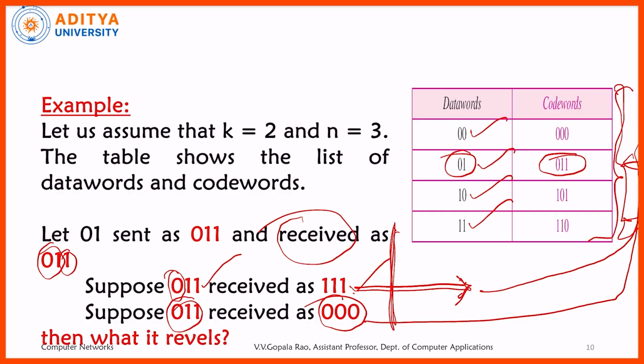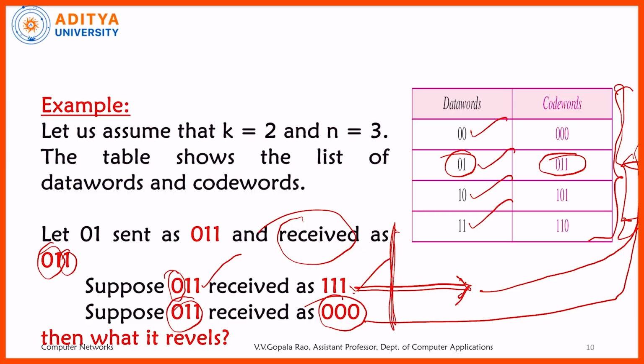Because this 000 exists in the code word pattern, you feel that it is a correct word, you simply remove the rightmost bit 0, and you consider 00 as the data, which is a wrong impression. That is why this block coding is useful only in certain cases. It is useful to identify whether an error has occurred or not, that is all.